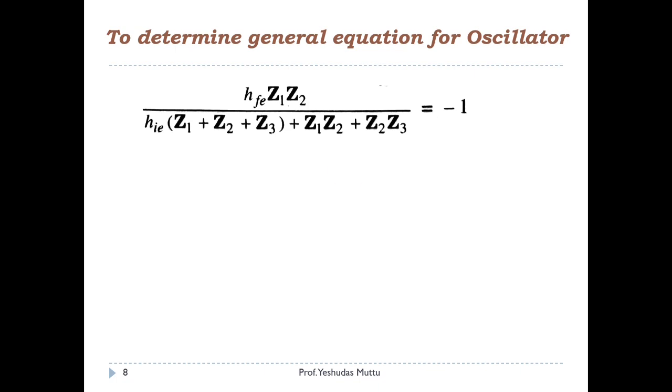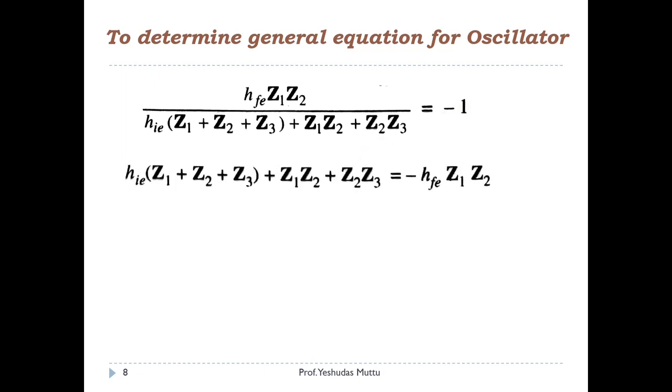Fine. What I'm going to do now is multiply both the sides by minus 1 and then cross multiply. I'm going to get somewhat this way, minus HFE Z1 Z2, and this particular term. Fine. Bring HFE on this side. See, here there is Z1 Z2, here also there is Z1 Z2.